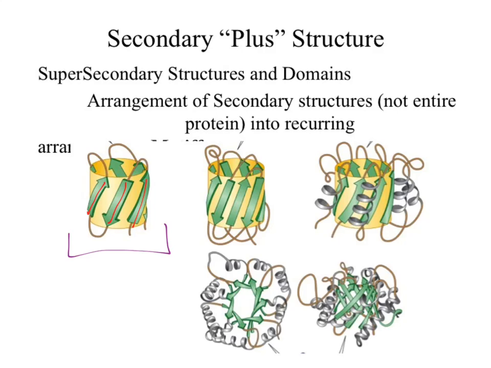We have alpha helices and beta sheets interacting with each other. And we typically don't classify these things as our secondary structure, because what we're starting to look at is how our alpha and beta secondary structures interact with each other. So we're looking at another order of magnitude of these interactions, which means we're ultimately looking at tertiary.